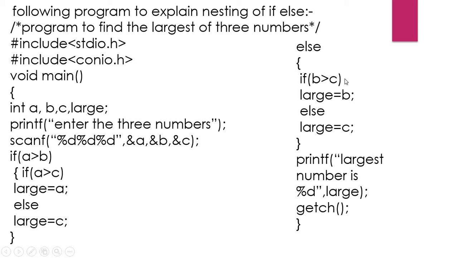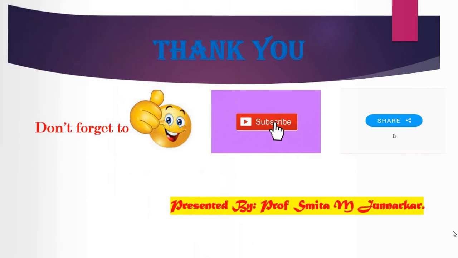Within this if condition, if B is greater than C, that answer will be stored within large, else C is larger. Ultimately, the C value is larger than B. And finally, the largest number is stored within this large variable. That's why within the printf we have given the large variable.